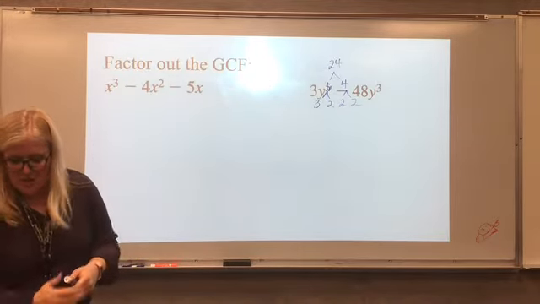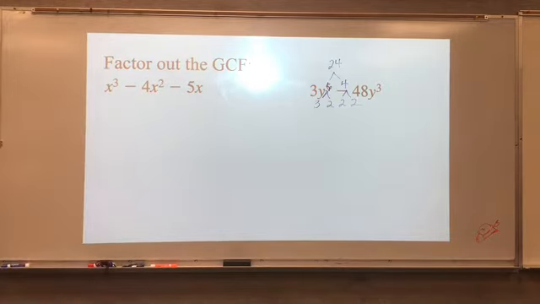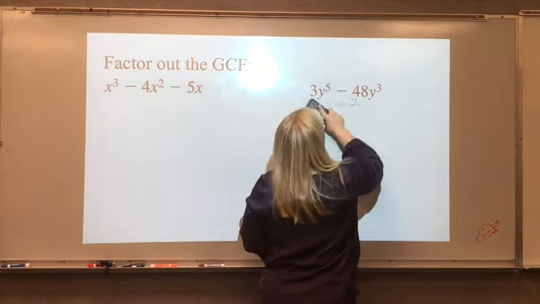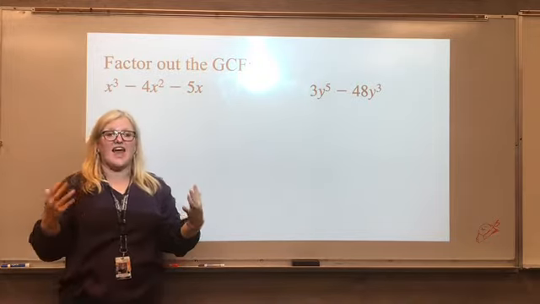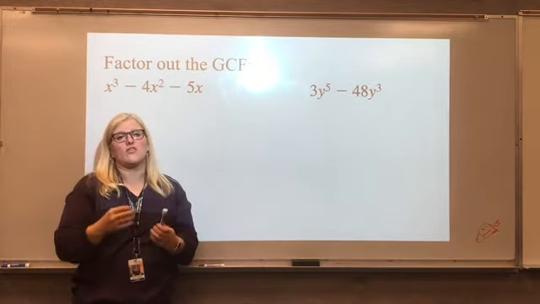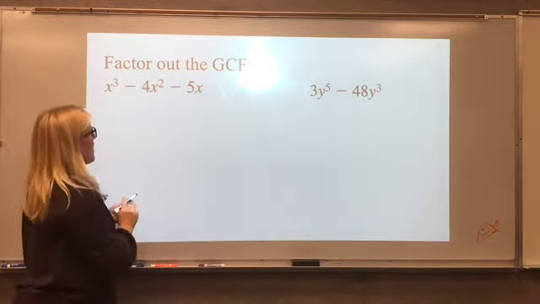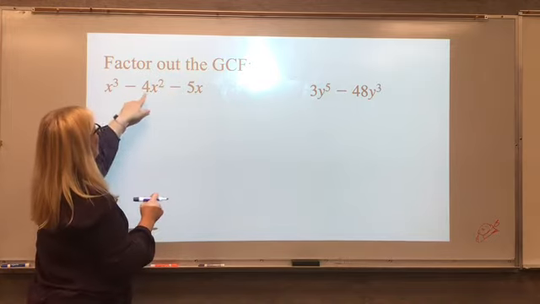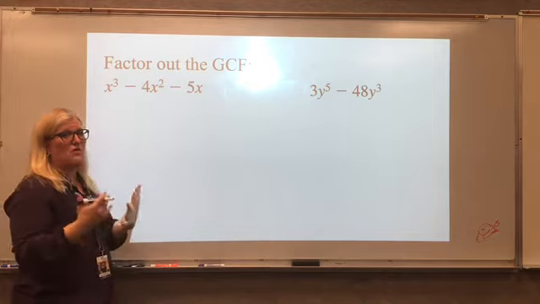All right, so one of the things that we need to do before we even start factoring a polynomial is we look to see if we can factor anything out of it. So we're looking for the greatest common factor, the GCF. So let's see what I have here. What do I have that I can factor out of here? Well, when I look at my coefficients, there's nothing I can do with the actual numbers.